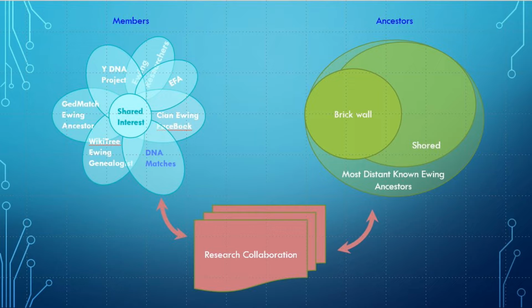And many of them are shared. I think that says shared. It looks like shored, but they're shared ancestors of the many members. And the members, right now I have about 1,800 members. So 1,800 members, 8,000 ancestors.